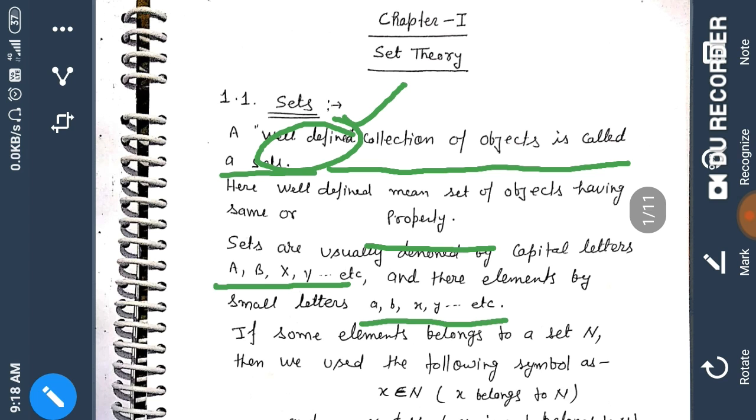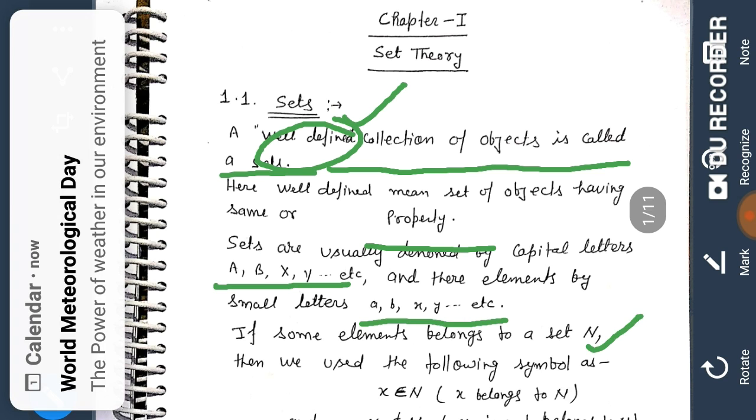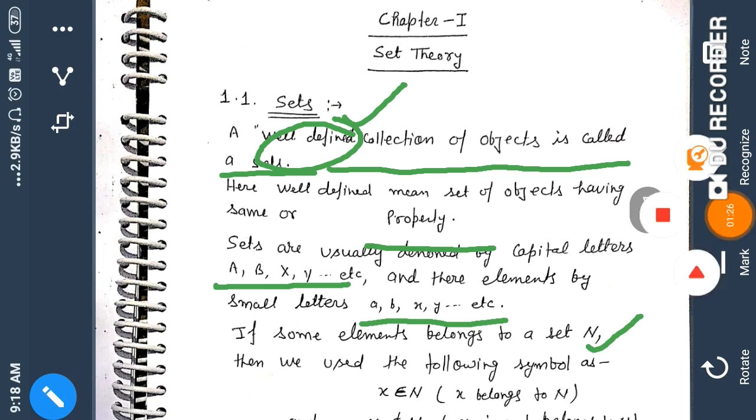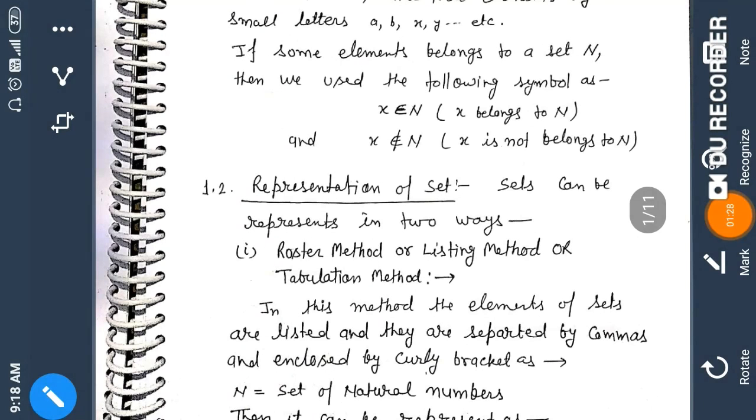If some element x belongs to a set N, then we use this symbol, read as x belongs to N. If x does not belong to N, then we use this symbol, read as x not belongs to N. That means x is not in the set N.